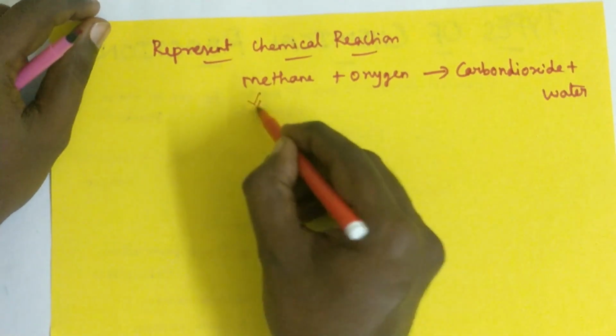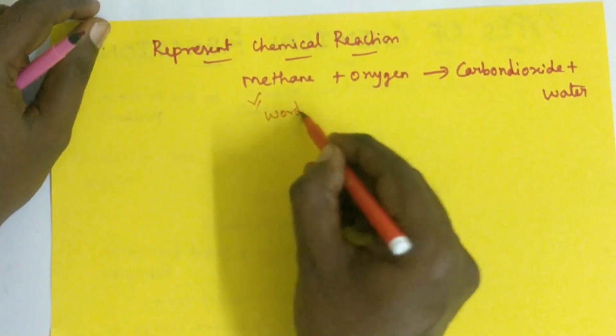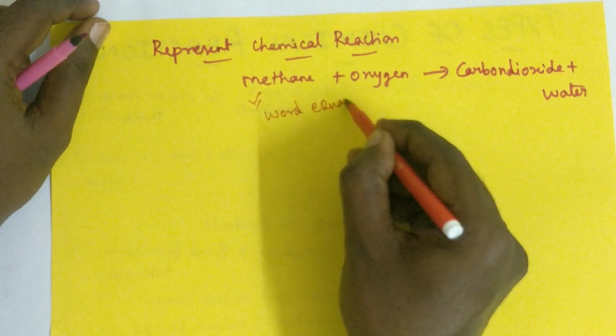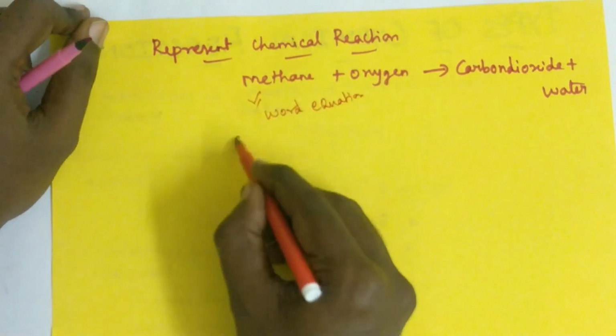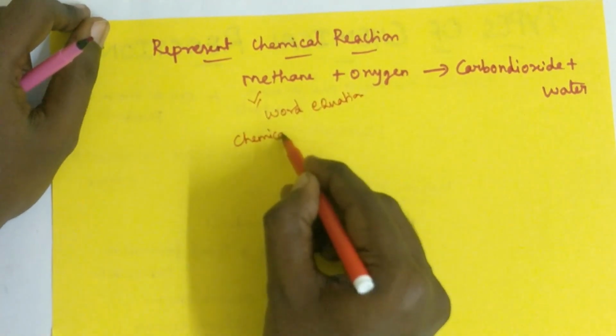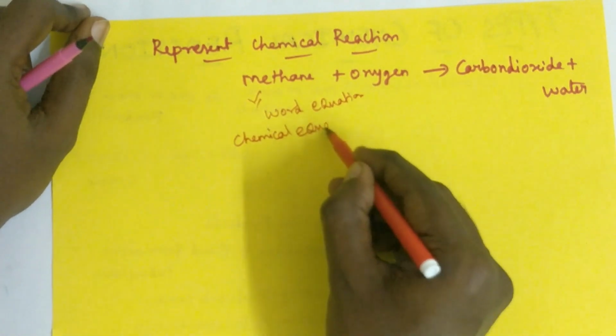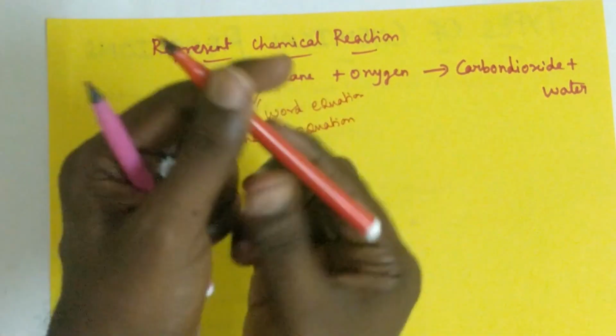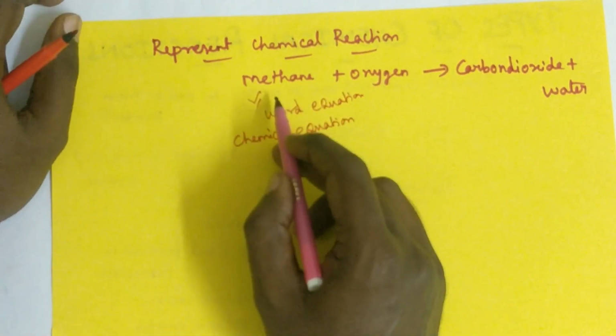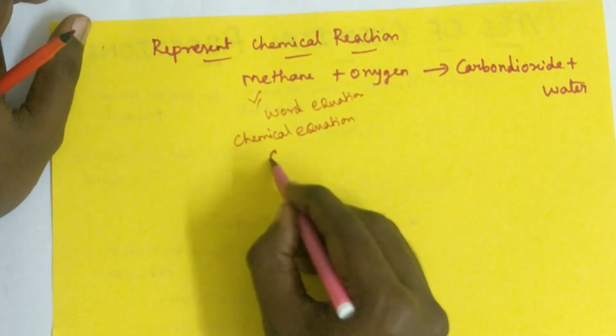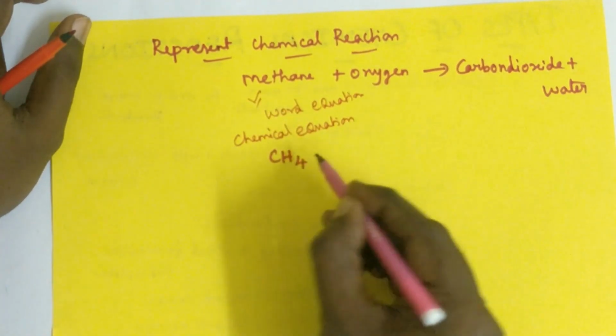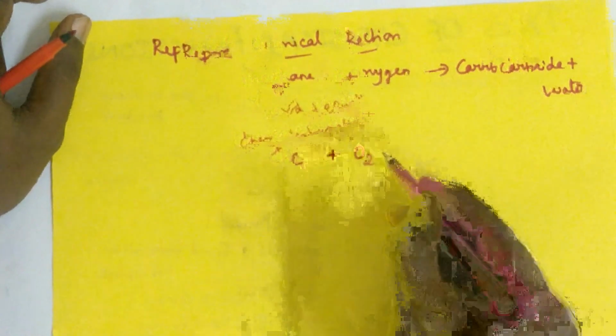So this equation is a word equation. So you have to write it as a chemical equation. Chemical equation means a simple representation. So methane formula is CH4. Oxygen we already know is O2.